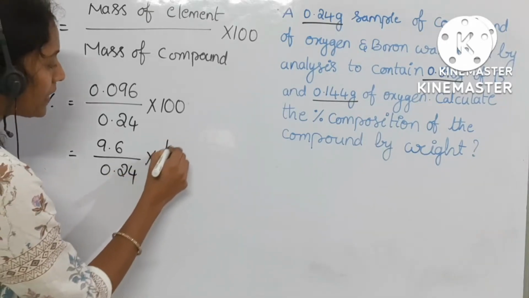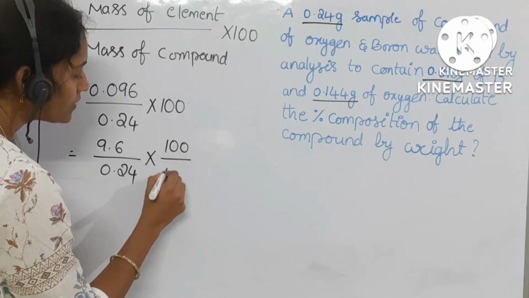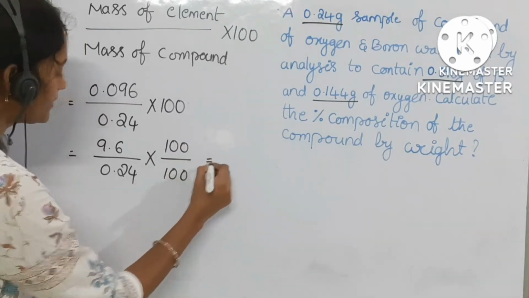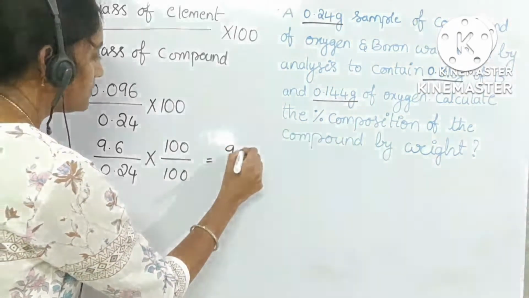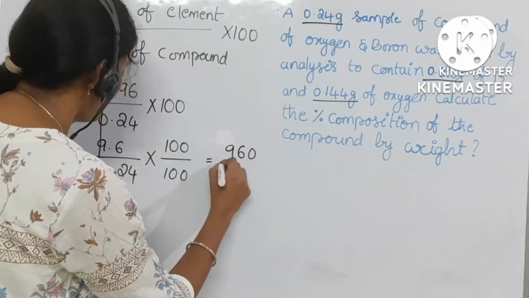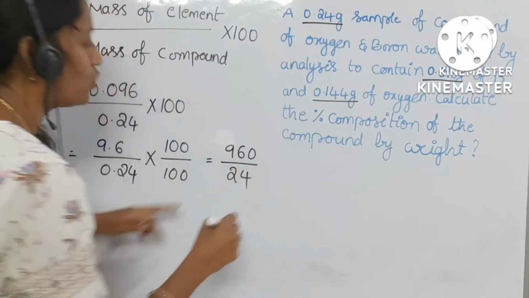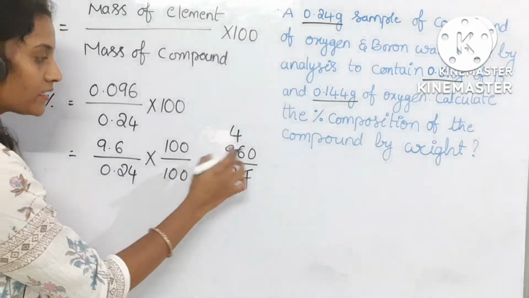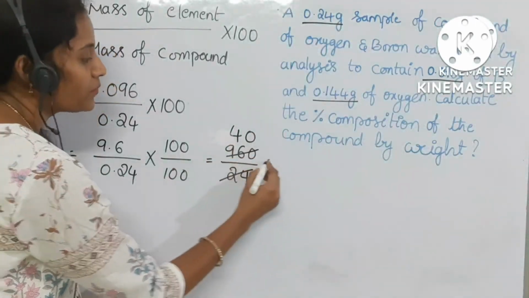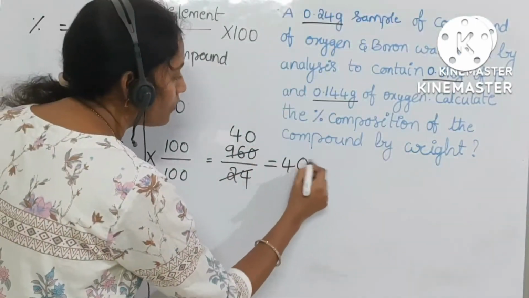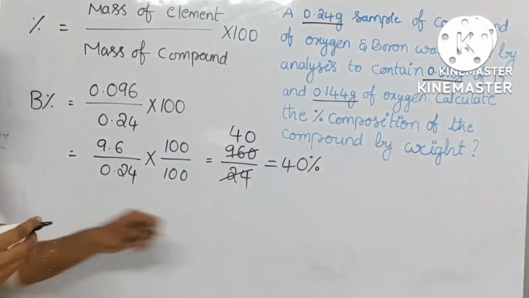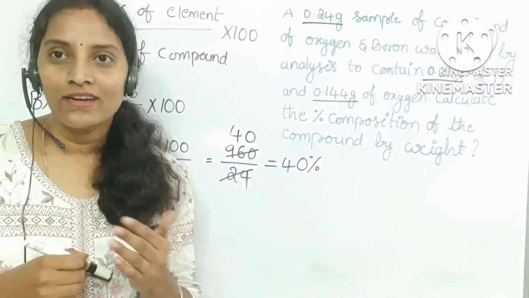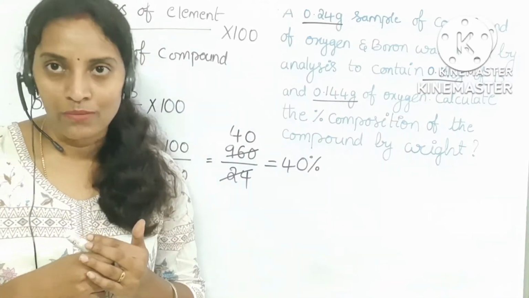Then you can multiply numerator and denominator with 100. So you will get 960 divided by 24. Here see, 24 fours are 96, then 0. That means 40% of boron is present in the 0.24 grams of the sample compound.